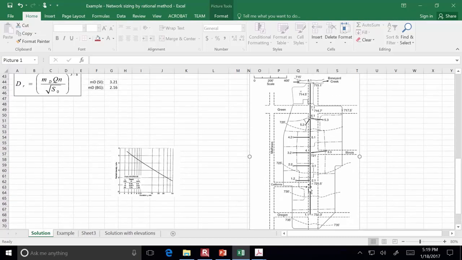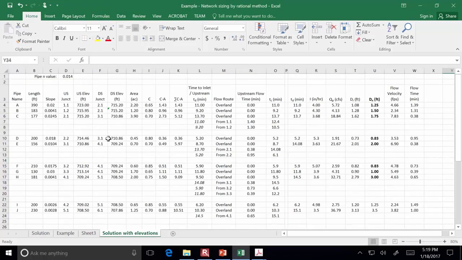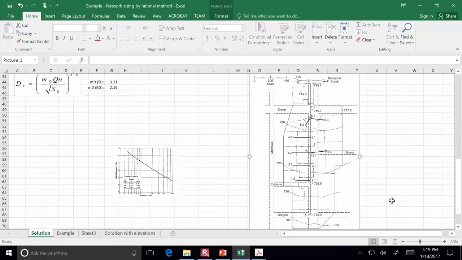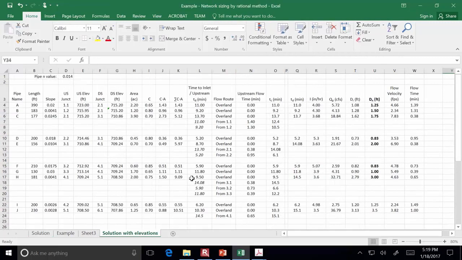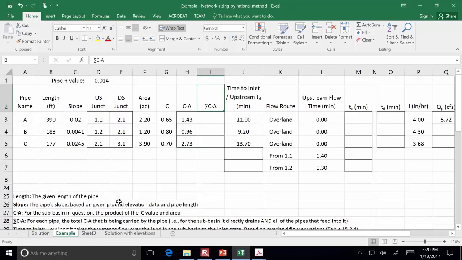And so I've abbreviated this example, and we're just looking at one section of it. So what I'm saying is that when you get down into some of these pipes downstream, that's when some of the columns, like this second T sub D column, become the most important, when you get a little bit deeper into the network. All right. But for now, the sum of the CA is for this one.